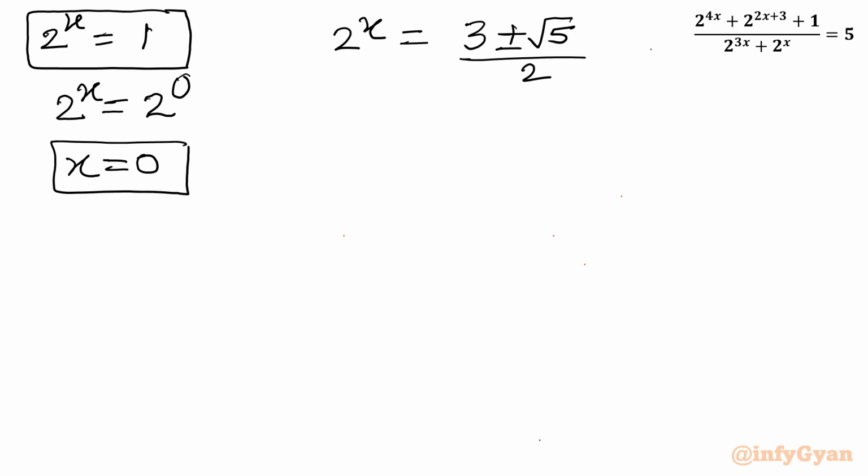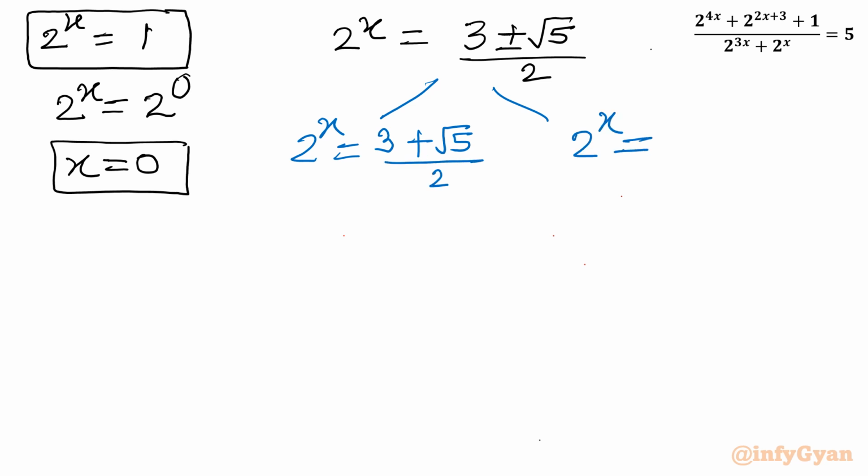Now let us consider two equations from here. So I will be writing here 2 raised to the power x equal to 3 plus root 5 over 2. And second equation I will write 3 minus root 5 over 2. Let's take log both sides.